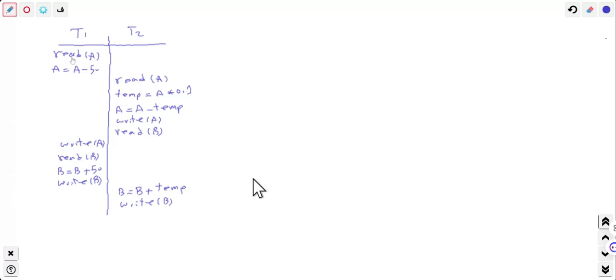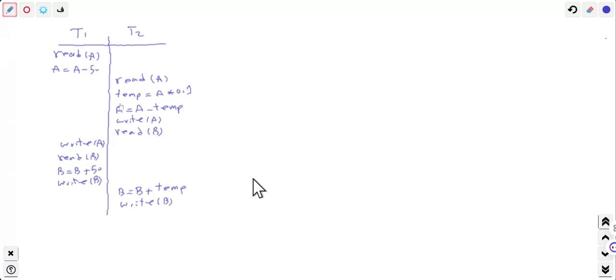T2 just executes two operations, then we go to T2 and we execute 5 operations of T2, then we go to T1 and execute 4 operations of T1, and then go to T2 and execute 2 operations.